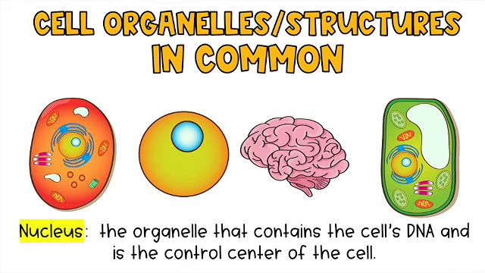Just like the brain in our body, the brain is regulating all important jobs in our body, whether consciously or unconsciously or subconsciously. And our nucleus is doing the same. It has all the instructions in that DNA for all of the other organelles to know exactly what to do, and it contains all of that information.